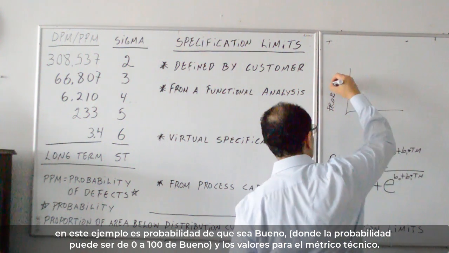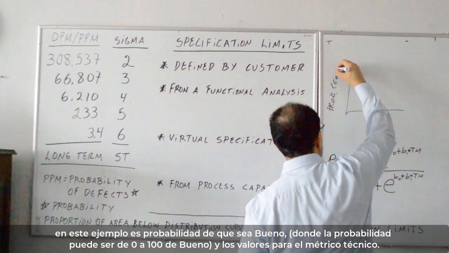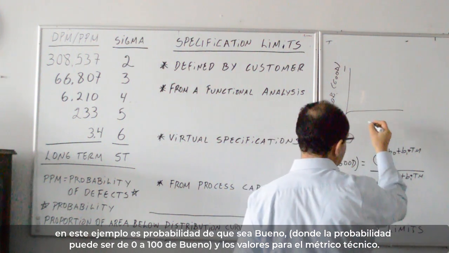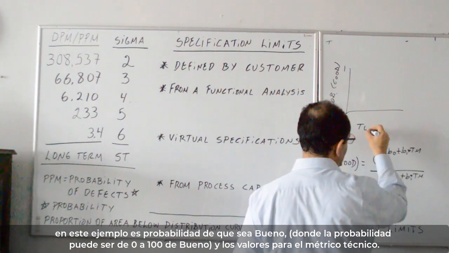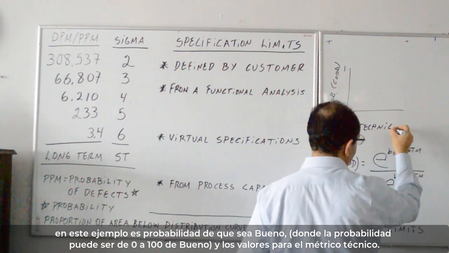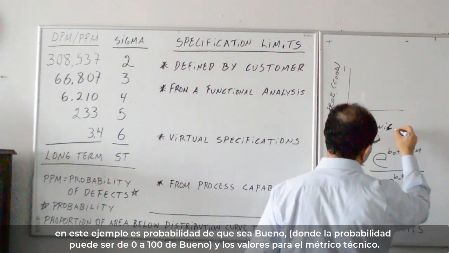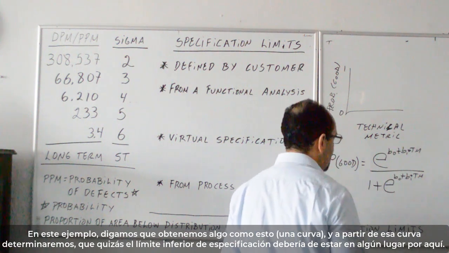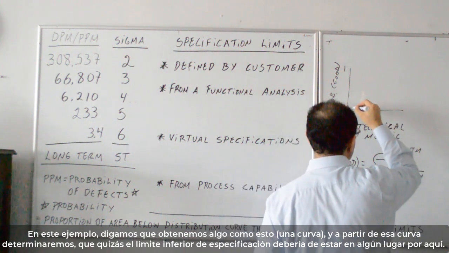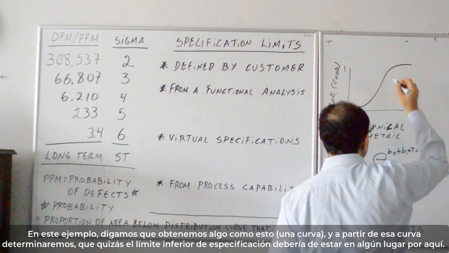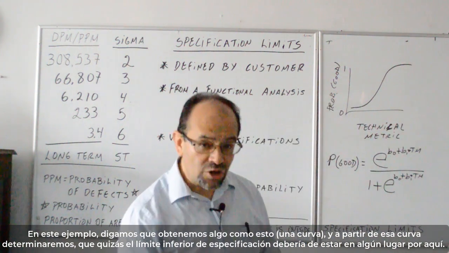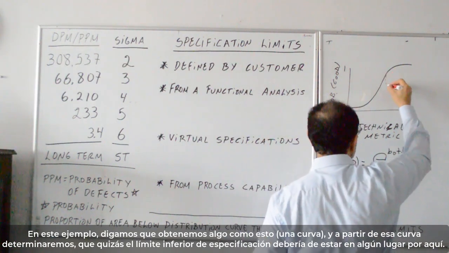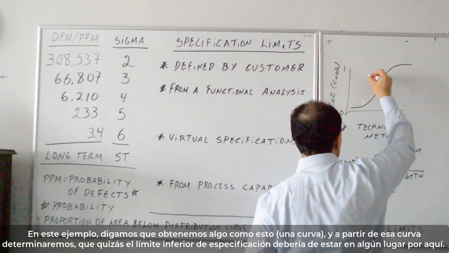In this example, the probability of good can be from 0 to 100, and of course the values for the technical metric. In this example, let me say that we are going to get something like this, which is a curve, and from that curve we will determine that maybe the lower specification limit should be somewhere like here.